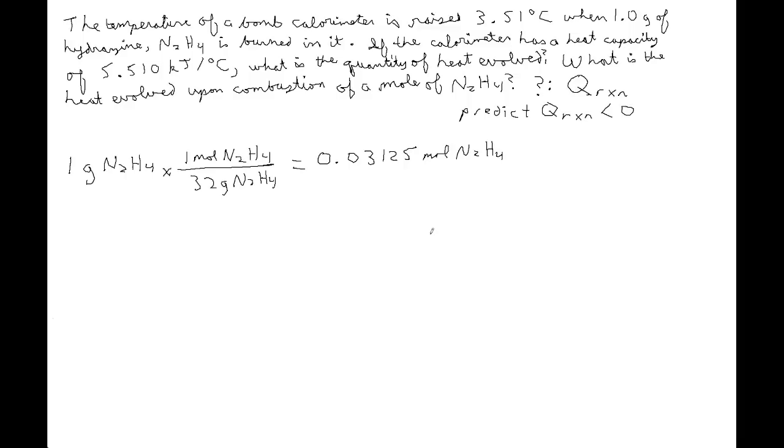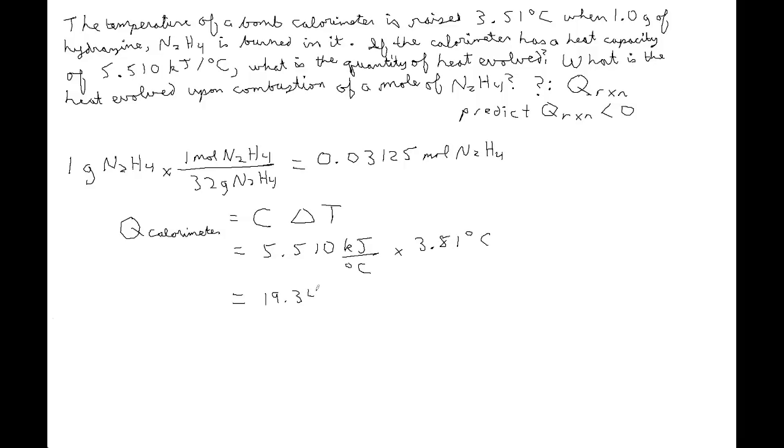Maybe I'm just overcomplicating it, but since we know Q of the calorimeter is equal to capital C delta T, we can take Q of the calorimeter equal to 5.510 kilojoules per degree Celsius times delta T, which is 3.51 degrees Celsius. So Q for the calorimeter is 19.34 kilojoules, and that's for the calorimeter.